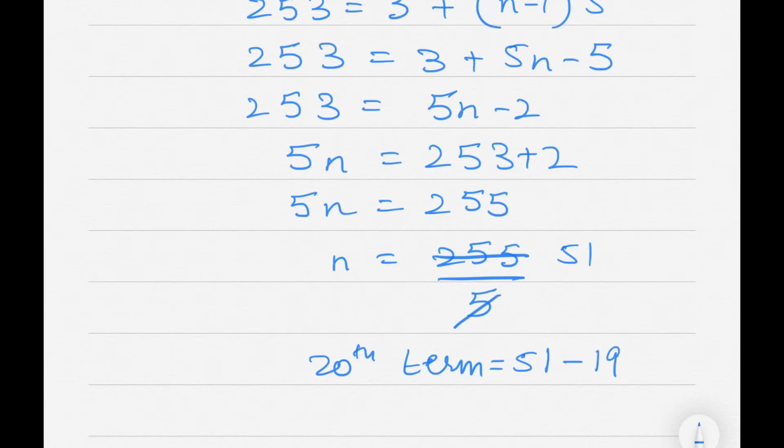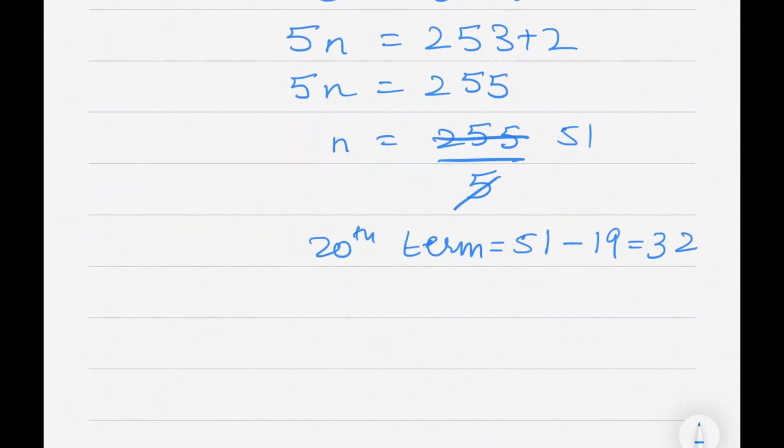Because it is the 20th term I have to find out, so I'll just subtract 19 to get my 20th term from the last. So this would give me 32, the 32nd term.